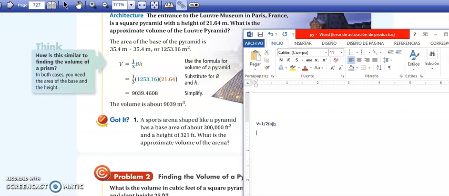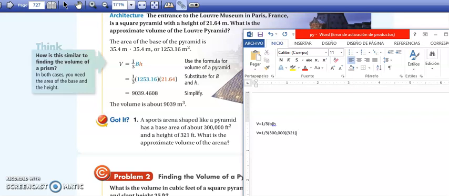Now we already have the value of the area of the base, that is 300,000 here, multiplied by the height, that is 321. And we will have to do the math.